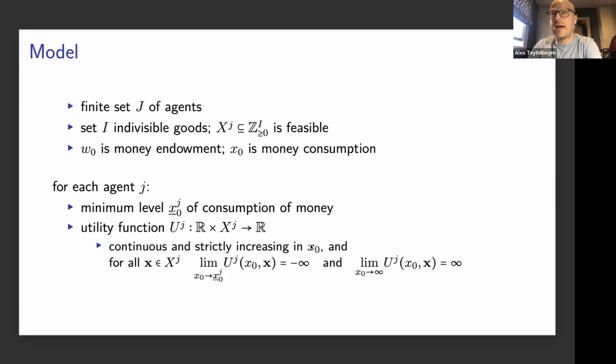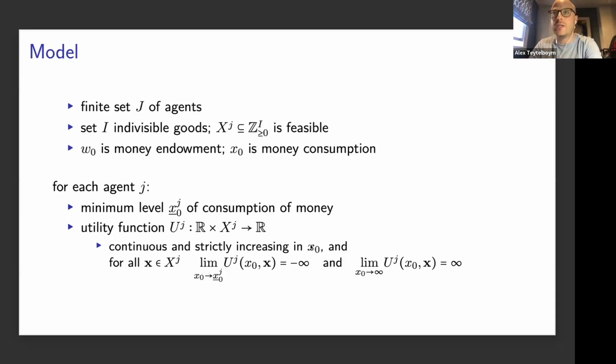So agents will start out with some amount of money, W0, and they will end up consuming the amount of money X0 after they've paid for the goods, maybe that they've bought or sold some of the goods that they had. So I'll start with the same exchange economy that Ravi has already introduced, where agents start out with some endowment of goods.